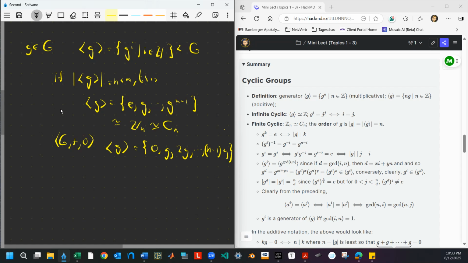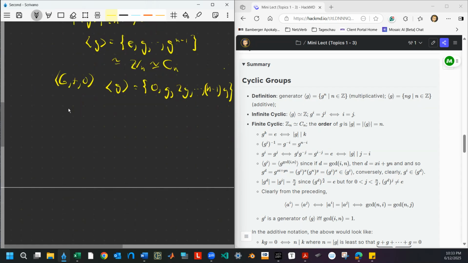Now we want to get a little bit of information about these things. I'm just going to go through these items here. So the first one is that g^k is equal to e if and only if, in this case here I'm in a finite cyclic group, and I'm assuming g has order n, right? So g^k is equal to e if and only if the order of g divides k.